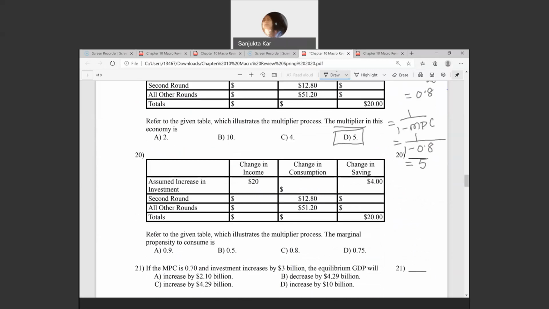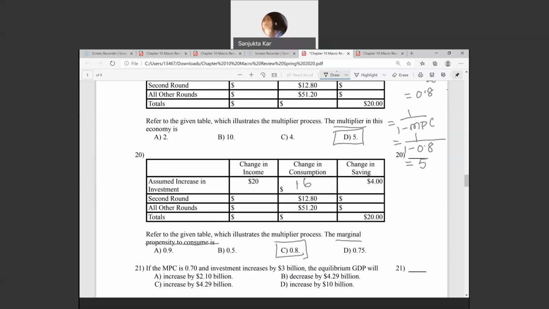Question number 20 should have been before question number 19. Question number 20, they're asking us the MPC. This is something we found out, equal to 0.8.